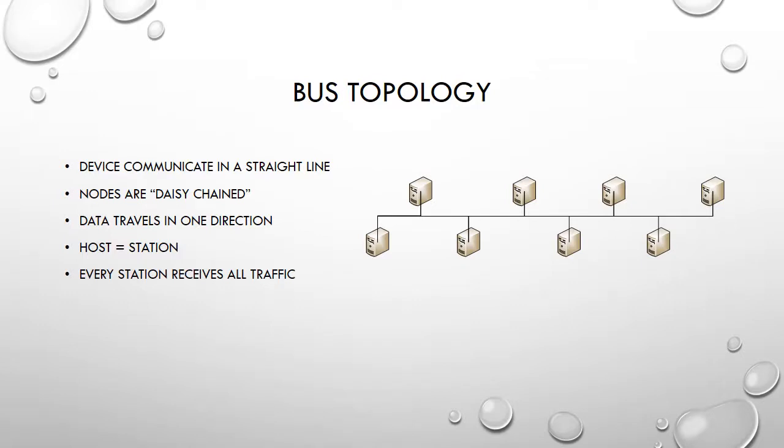Every station on the bus topology receives all traffic. All traffic on a bus topology is equal priority, so there's no QoS to look at here.